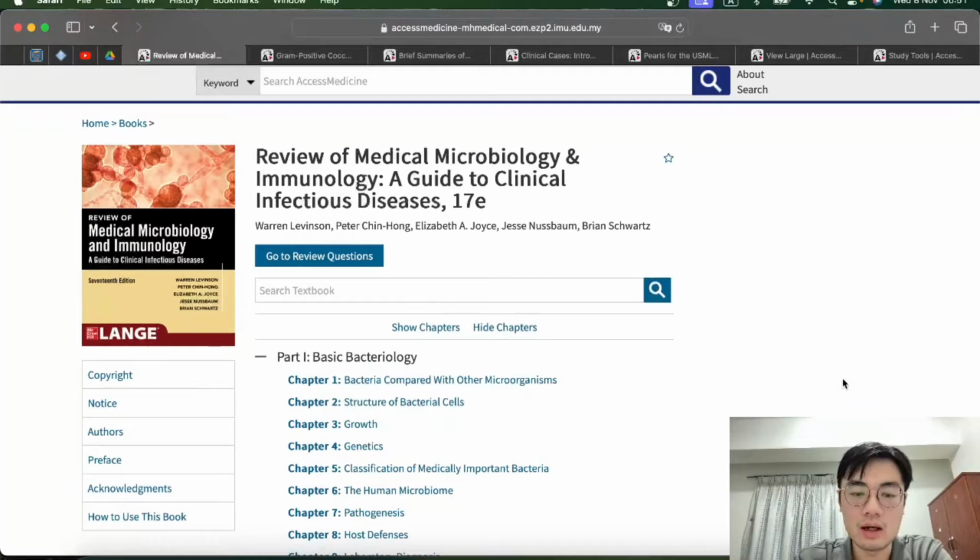So this book contains all the important microorganisms that we actually learn in the entire medical school. So it is a very in-depth book that talks about each microorganism, how it is recognized, like the serological tests.